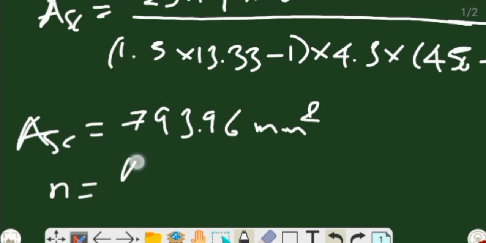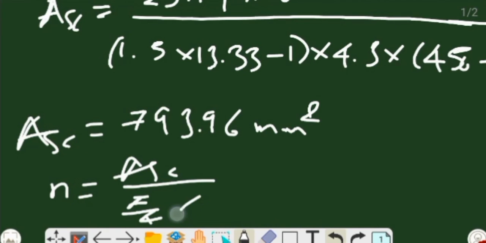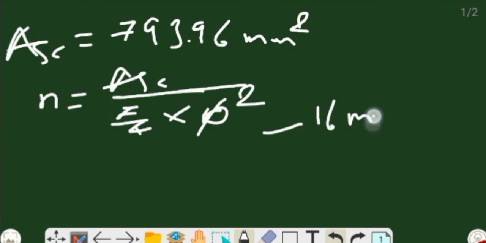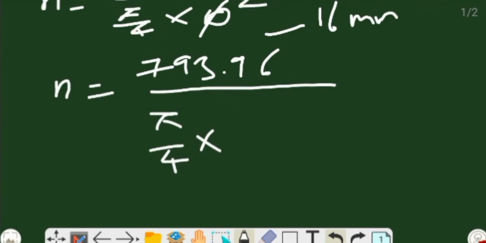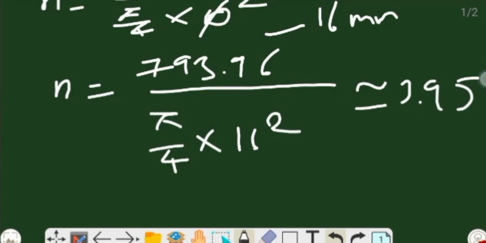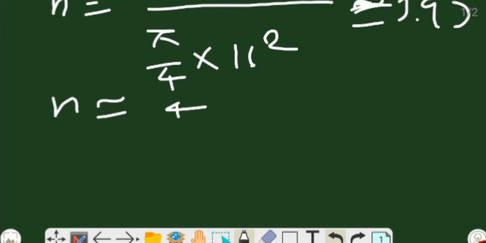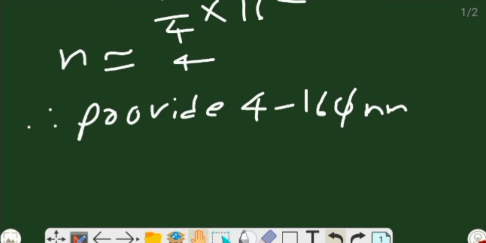Next, calculate the number of bars in the compression zone equal to ASC by pi by 4 into dia square. We already assumed that the dia of the bar is equal to 16 mm. So ASC equal to 793.96 by pi by 4 into 16 square. We get 3.95. Round figure this value, we get 4 number of bars. So provide 4 number of bars of 16 mm dia as compression reinforcement.